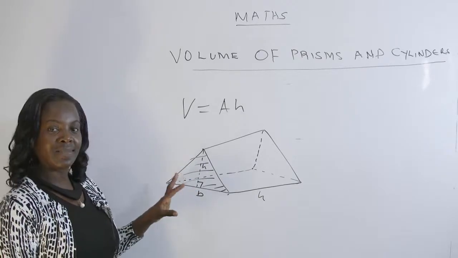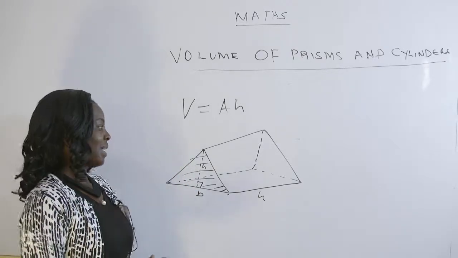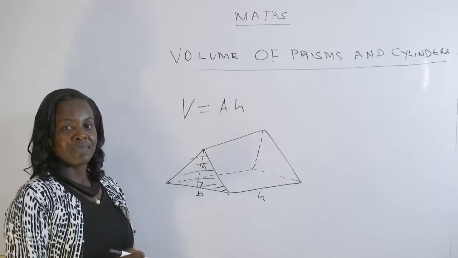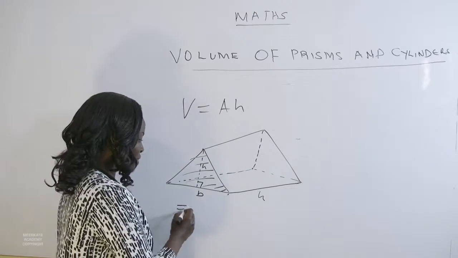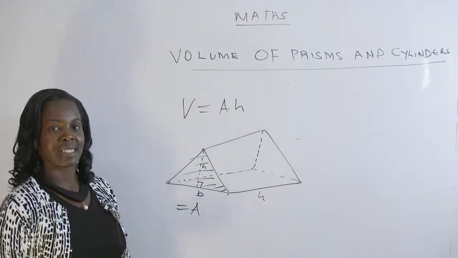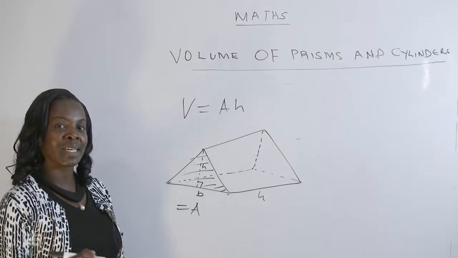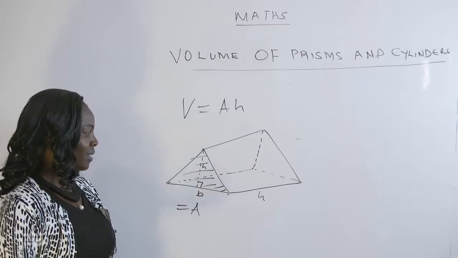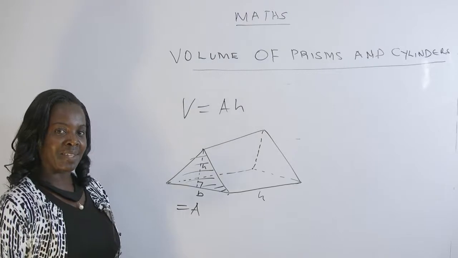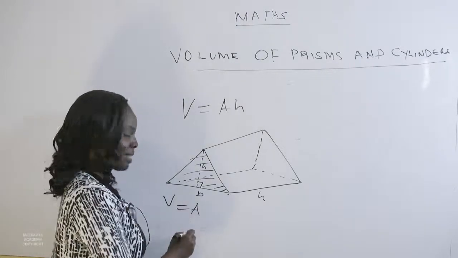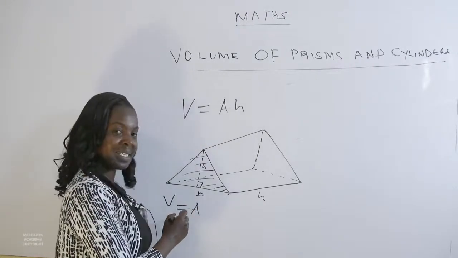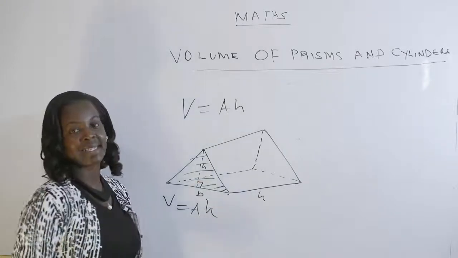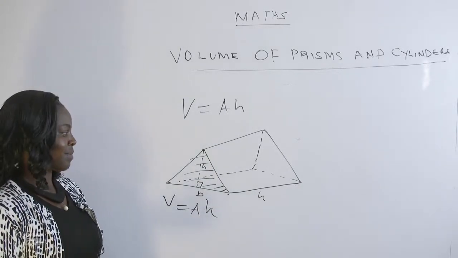So you need to identify the base. When you identify the base, the next thing you're supposed to do is find the area of that base, depending on the shape of that base. Then, once you have the area of the base, you can calculate the volume by saying the base area times the height.